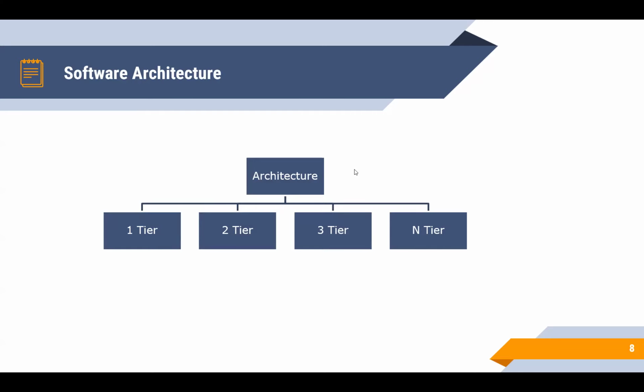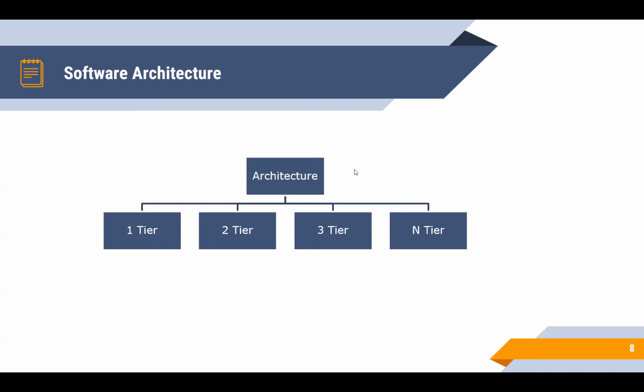Because whenever you go for an interview, the interviewer can ask what kind of application you have developed, whether you have experience in two tier architecture, three tier architecture, or n tier architecture. So to talk about the architecture, we need to understand the meaning of one tier, two tier, three tier, and n tier.